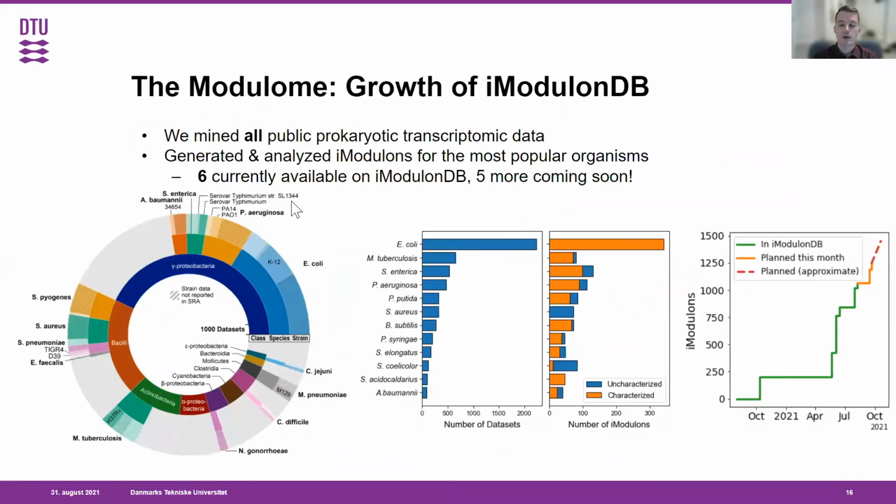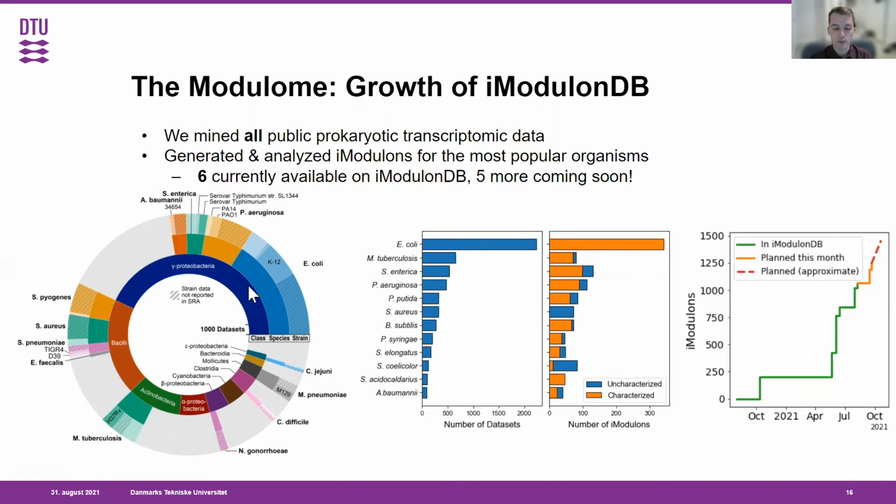Now, our initial iModulon papers were very successful, so we decided to build out this project and do what's called the modulome, where we mined all public prokaryotic transcriptomic data. A representation of that is here. You can see this tiny segment here corresponds to 1,000 data sets.